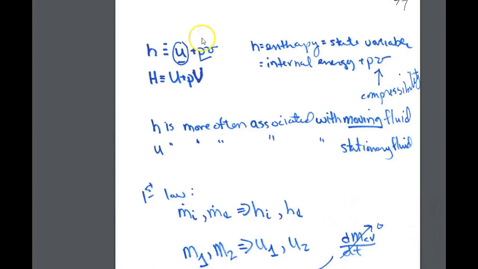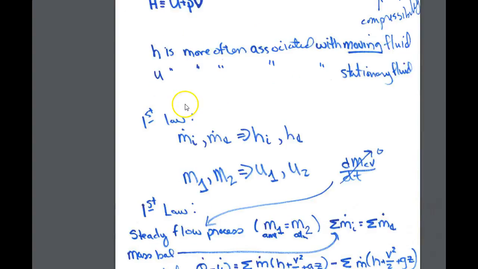If we look at intensive enthalpy, we are talking about intensive internal energy plus P, the same pressure, only this time times specific volume. So because H is the sum of state variables, H is itself a state variable.